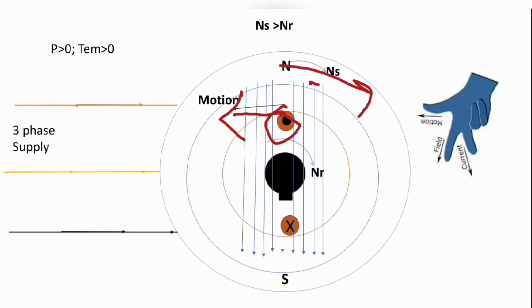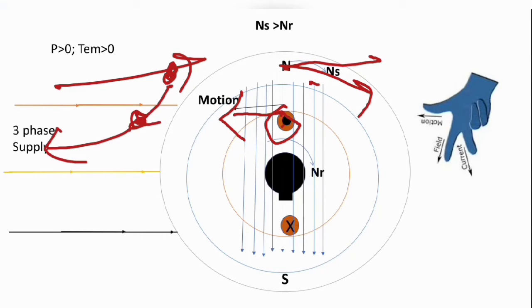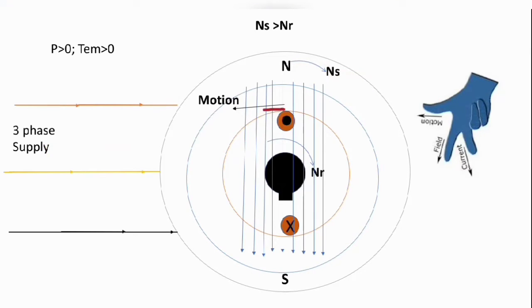It is just like when you are on a fast train, the relative direction of movement of a slow train will be opposite. Here the rotor is stationary, the field is moving, so if you are sitting on the field, you see the conductors moving in the opposite direction. So here the motion is this.